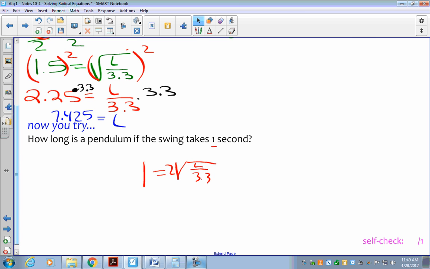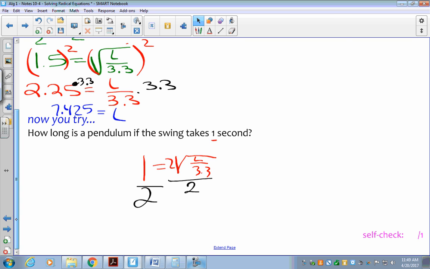And then, Layla, come on up and go ahead and write divided by 2. We're following the same procedure as we did in the problem before. To the nearest foot, yeah.